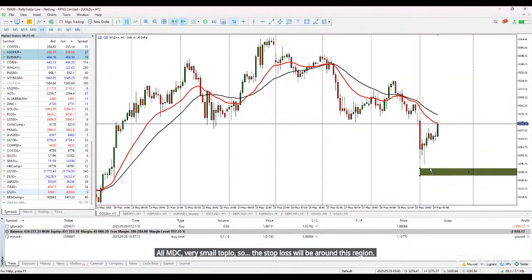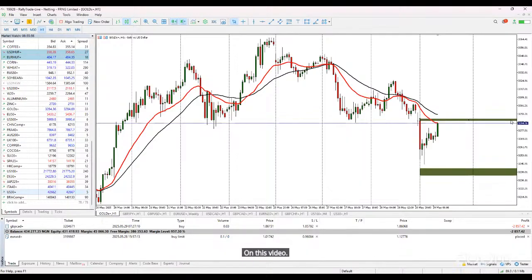Then we can place our buy around this region. Around this region, we place our buy.